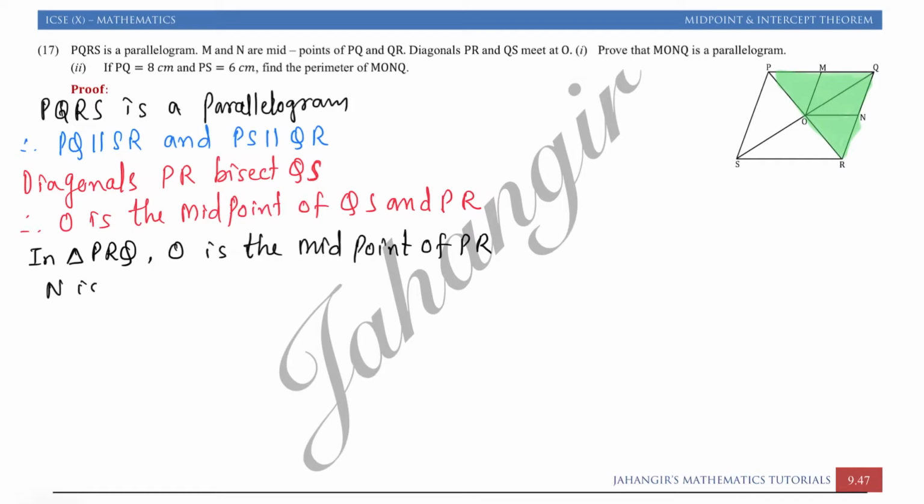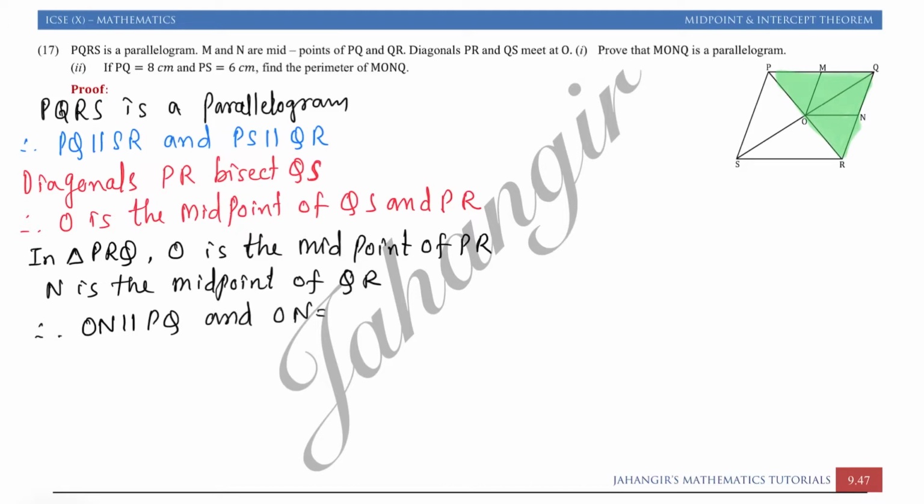N is the midpoint of QR. So therefore ON is parallel to PQ and ON is equal to half PQ. This is by midpoint theorem.